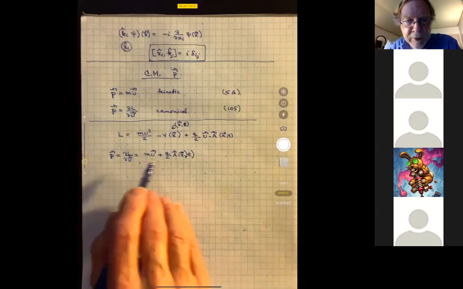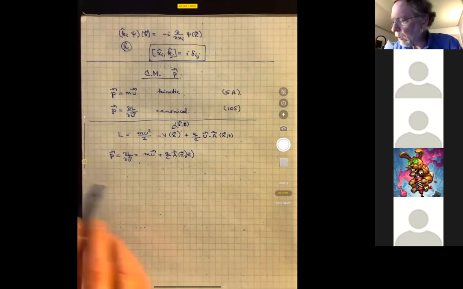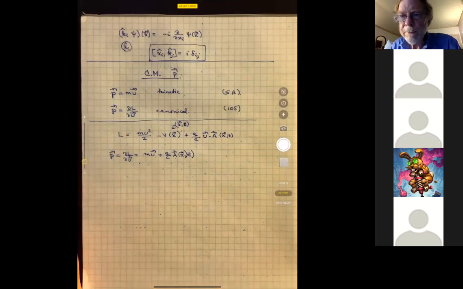The canonical momentum involves the vector potential, and the vector potential is not unique, but rather is subject to a gauge transformation. That's to say, the vector potential is partly conventional. And so for that reason, the canonical momentum is not by itself directly physical. You can't really go measure it unless you know what gauge you're working in. It's more of a theoretical construct.